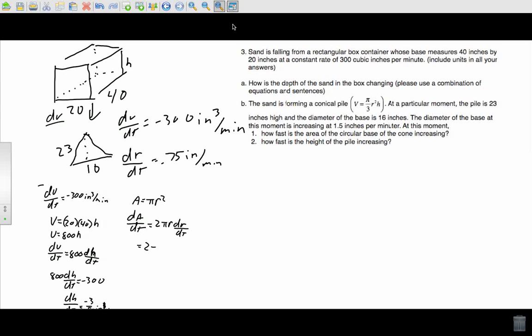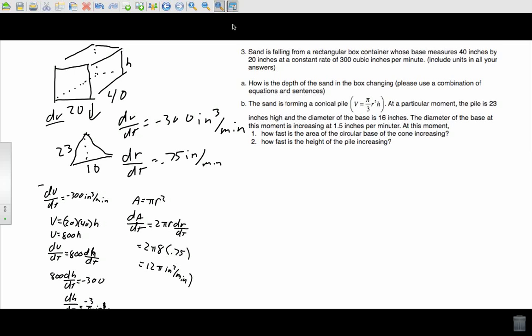So 2 pi, since the diameter is 16, the radius is going to be 8, and the change in radius is 0.75. So 2 pi times 8 times 0.75 is 12 pi inches squared per minute. Kind of straightforward. I'm leaning as I go down there. I apologize for that. Okay, so that is part 2.